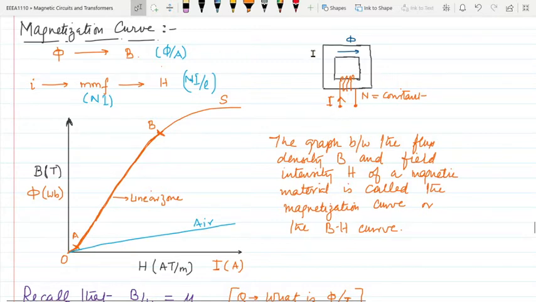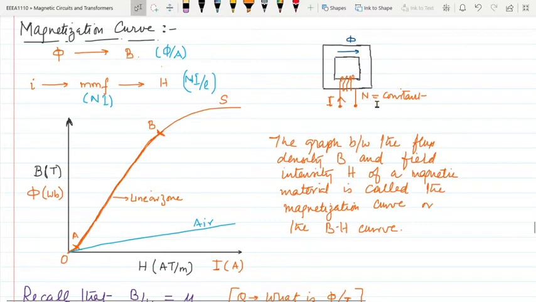Now we are considering over here a core, which is a ferromagnetic material, and the flux is being developed through a source that is also known as the MMF. So we are having N number of turns over here, and current I is flowing through this coil.